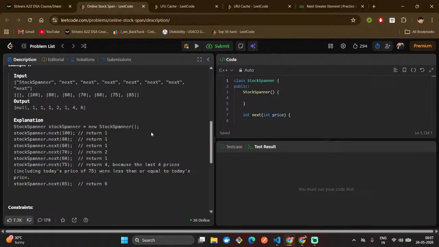It's practical. Now let me solve this. State first, the stack is pending, 60.